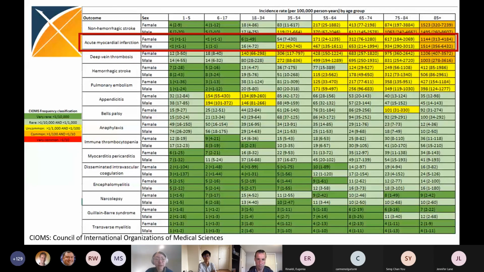But here, for example, I highlighted acute myocardial infarction, and across the whole row there are 4 different colors, which tells us that it's not reasonable to simply put one adverse event into one classification. We should definitely take age and sex differences into account.